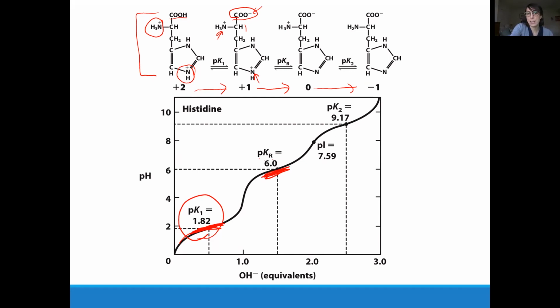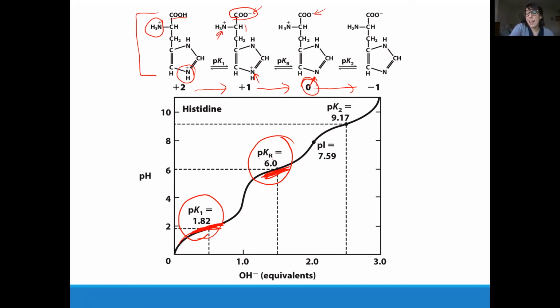So around a pH of 6, we will then get rid of the hydrogen on that R group. So notice the hydrogen is gone here. So it's not charged anymore. And we still have our hydrogen gone here. So in total, our charge is now 0.